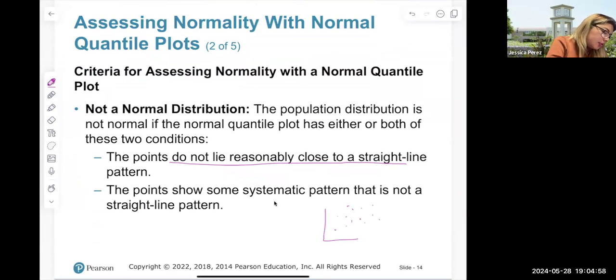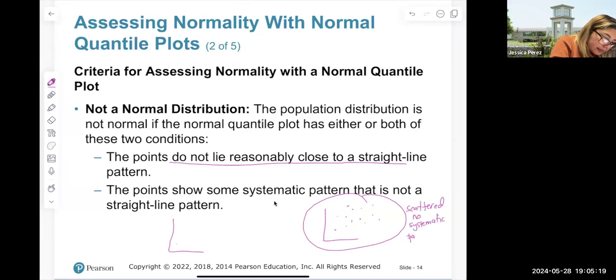Or if we have another one, let me change it. This one's scattered all over too, so there's no systematic pattern. So that would be the second one.